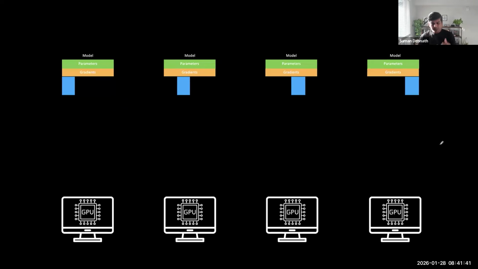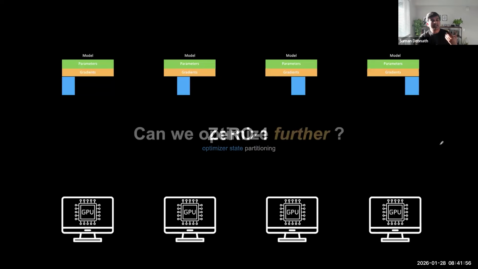If we do that, what we get is ZeRO-1, also called zero redundancy optimizer, where we shard the optimizer state. But let's say this is also not good enough.